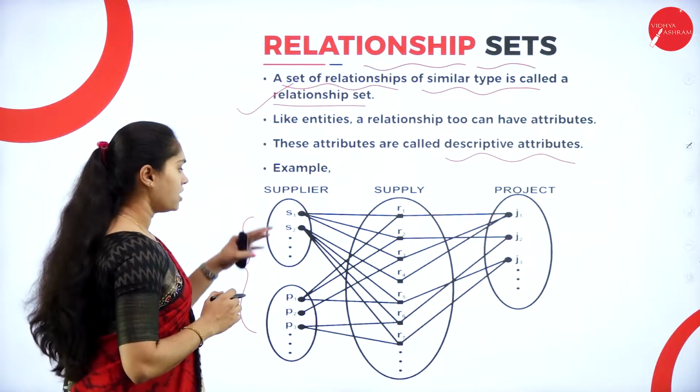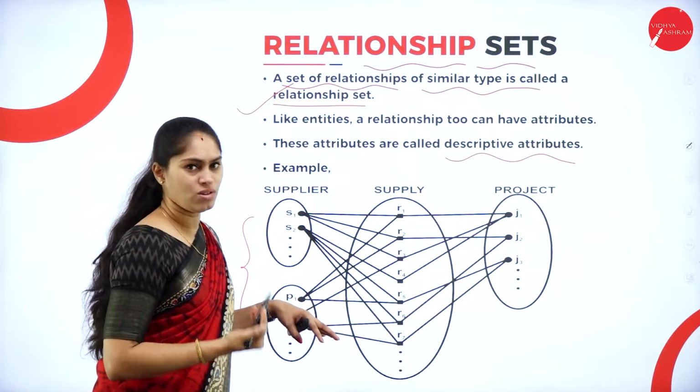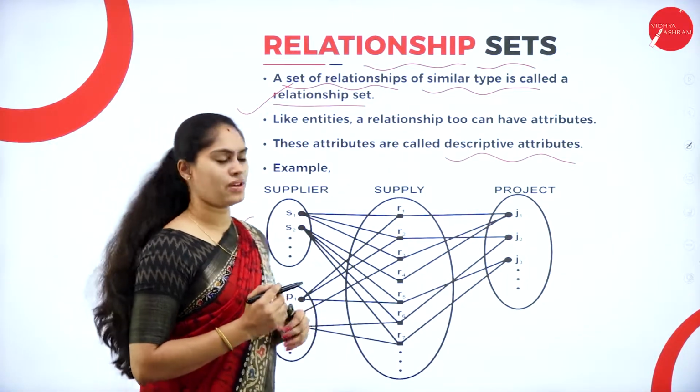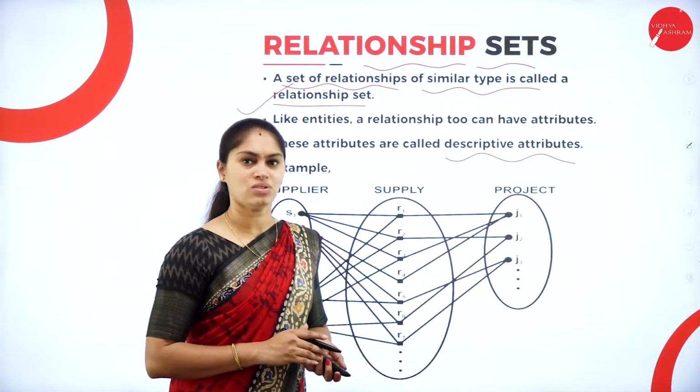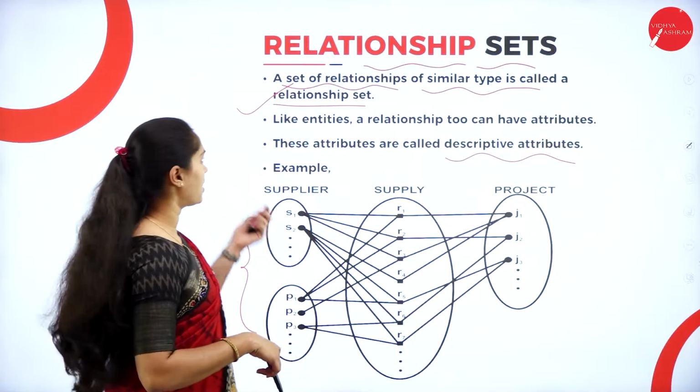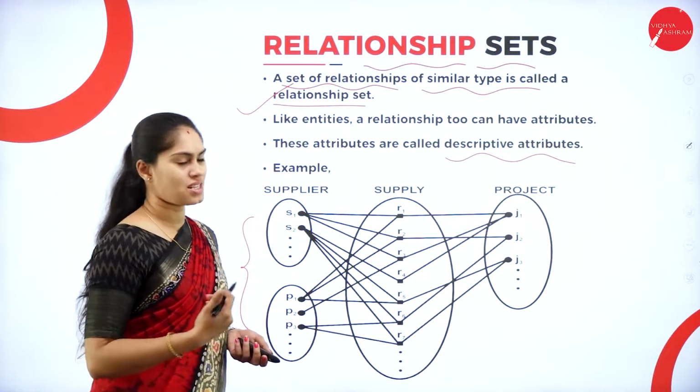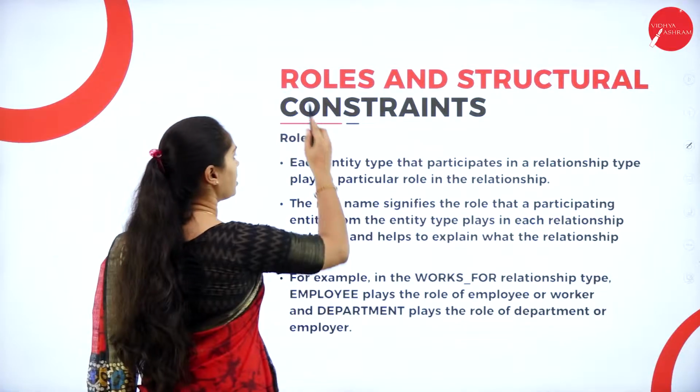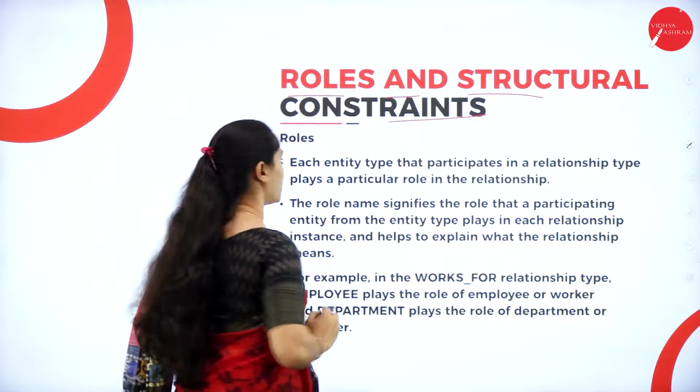In the same way, this is also going to have its own attributes, and those attributes will be considered descriptive attributes. I hope you all understood regarding these relationship sets. So next we'll see about the roles and structural constraints.